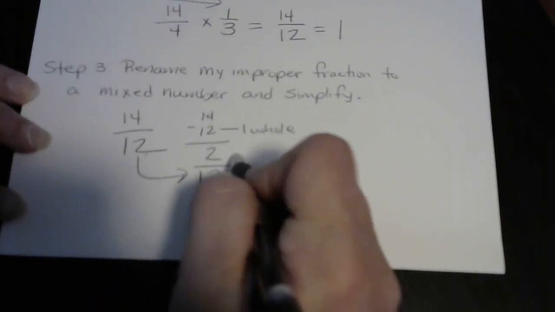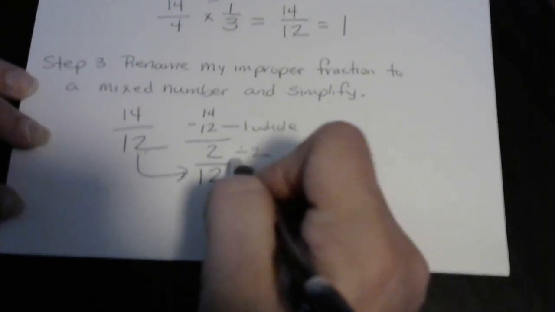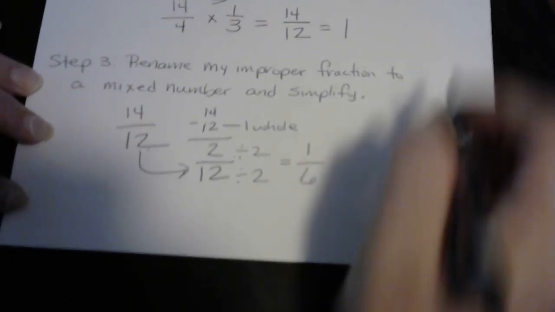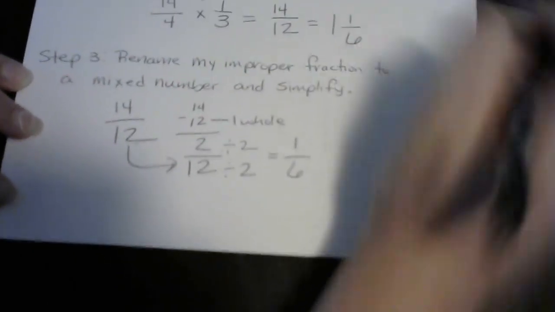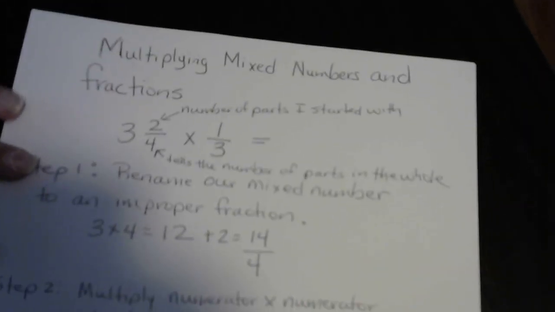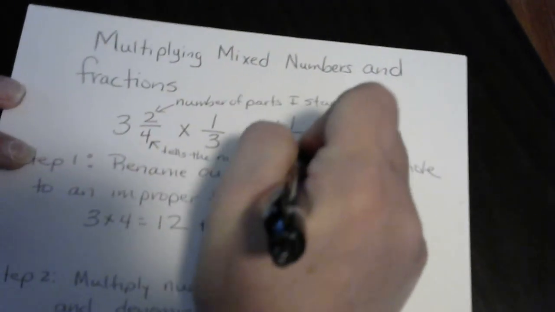Well, I know that 2 is divisible by 2, so is 12. So 2 divided by 2 is 1. 12 divided by 2 is 6. And that gives me 1 and 1/6. So my product for 3 2/4 times 1/3 is 1 and 1/6.